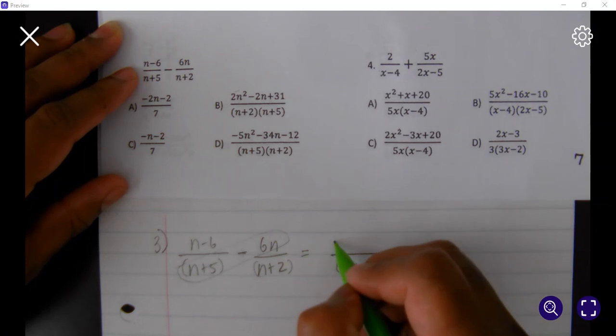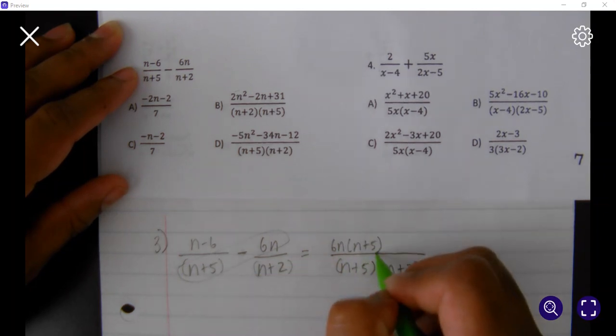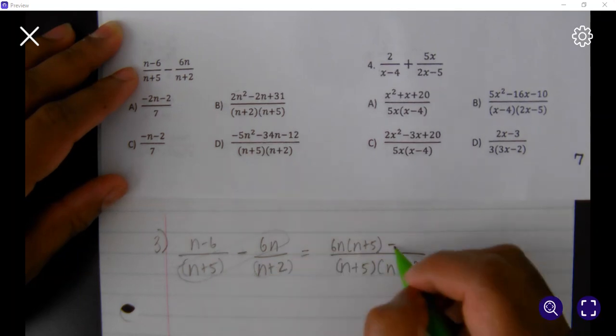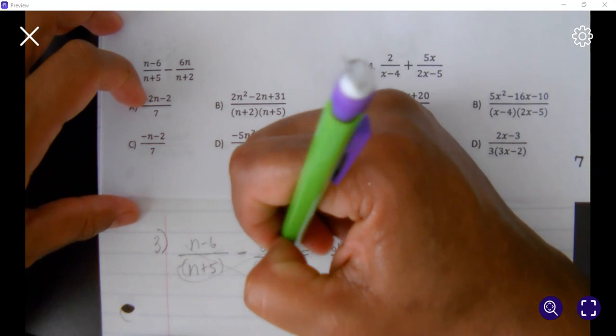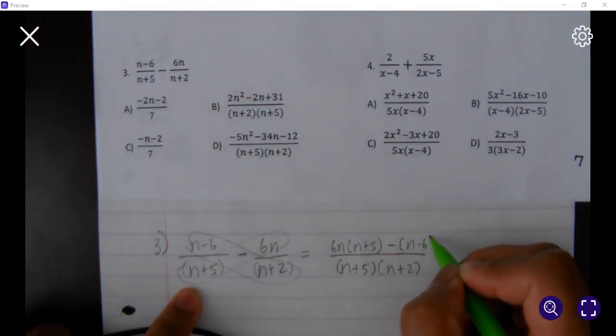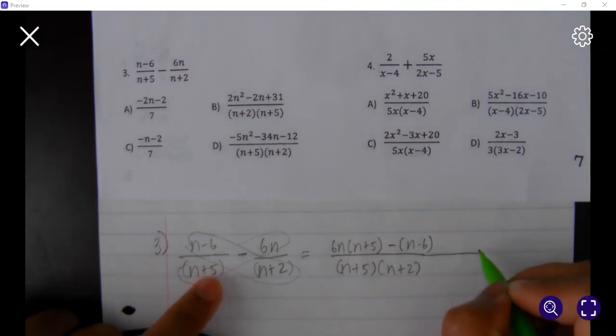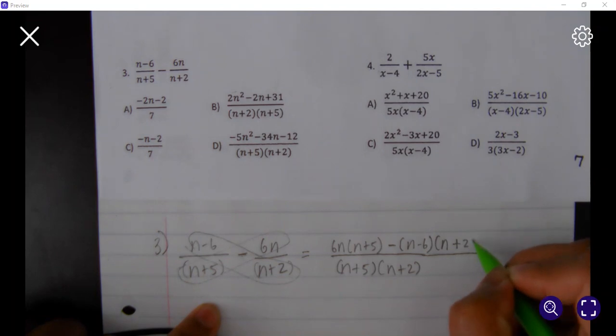So you do 6n multiplied by n plus 5 minus, it's a minus problem or subtraction problem, and then you go ahead and multiply these two. So I'm just going to write it like this. You have n minus 6 times n plus 2.